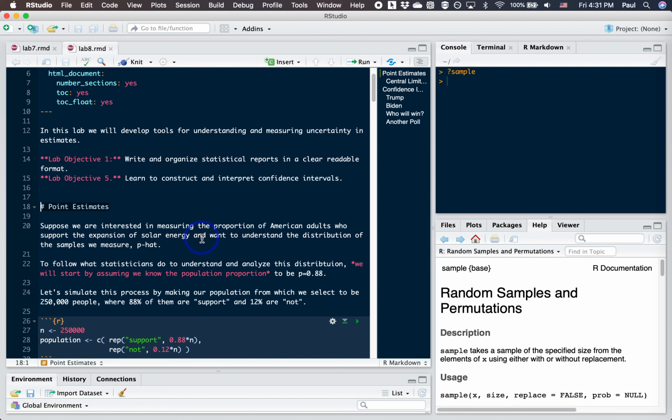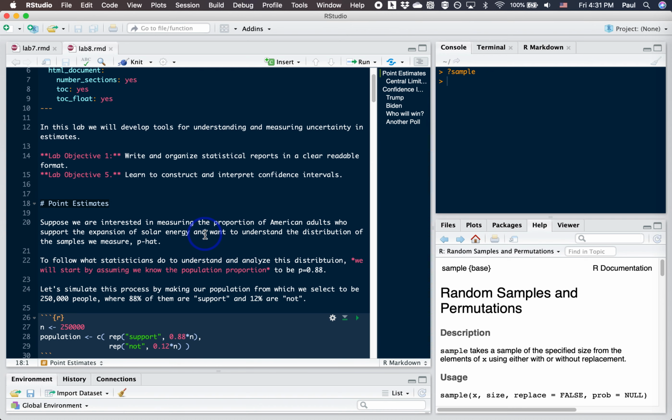But in the case of developing some tools for making inferences, we're going to make this assumption that we know the population. Based off a population parameter being a certain value, we can gather evidence for whether the statements we're making are true, or we have evidence that they are false.